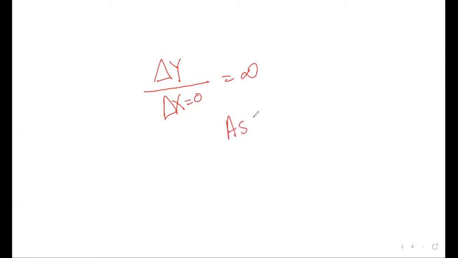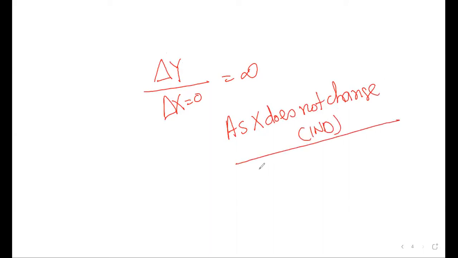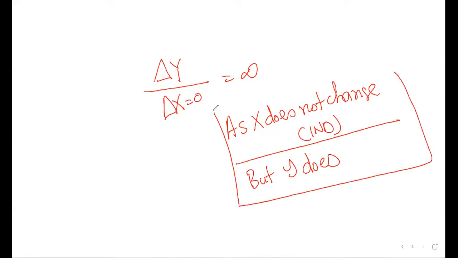As x does not change, this is independent, but y does. এটা কি ভার্বালি আমরা বলতে পারি?